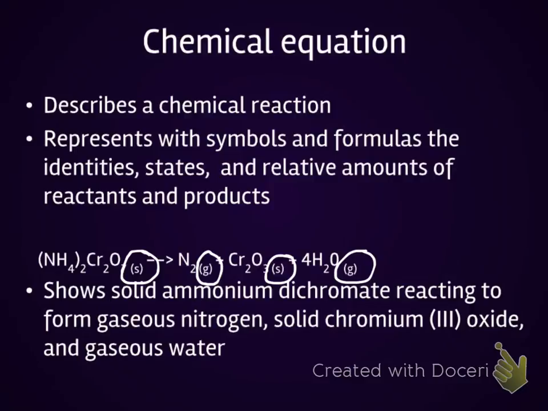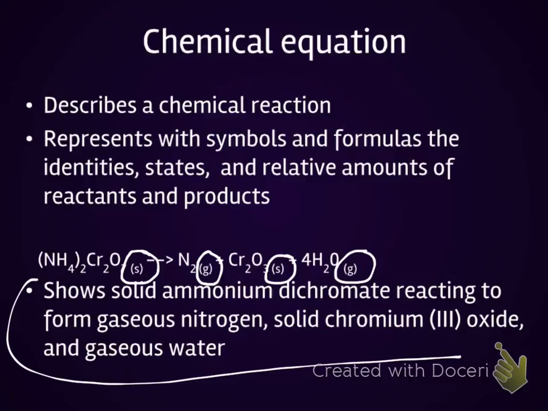This equation can be read just like a sentence. By Tuesday of next week, you will be able to look at a sentence like this and write an equation from it. That's one of our goals. I haven't gotten the learning goals printed yet for this unit, but one of your first ones is to write correct chemical equations when given information about reactions.